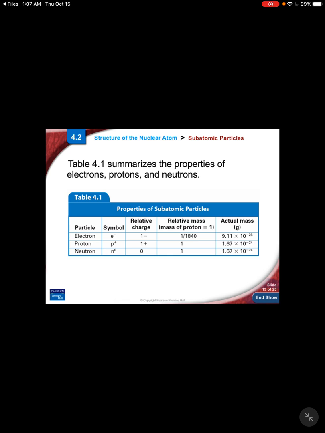The protons and the neutrons are much more massive, 1,840 times as massive if you look at this table here, and as a result, they are what contribute to the mass of an atom.